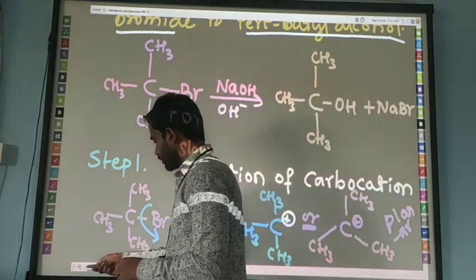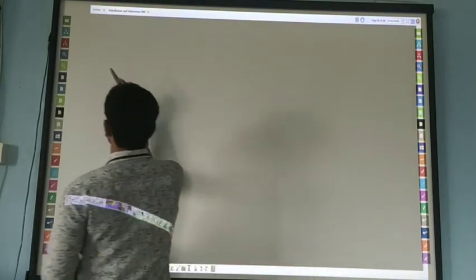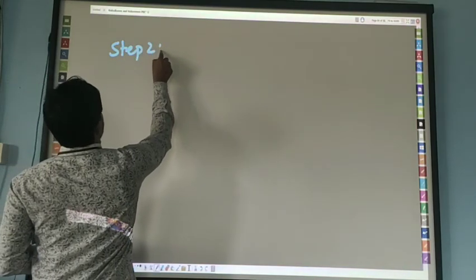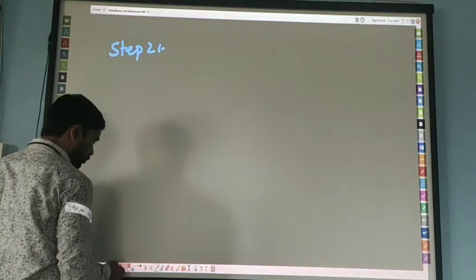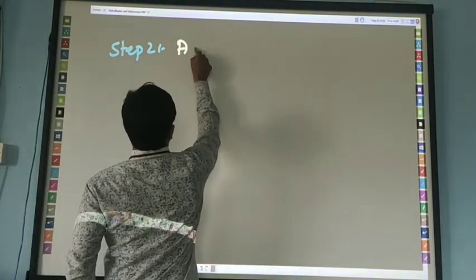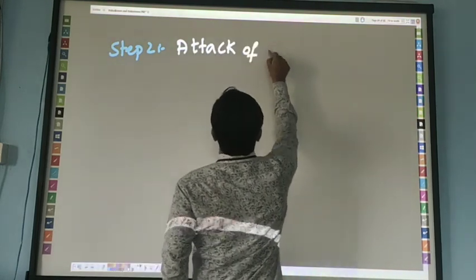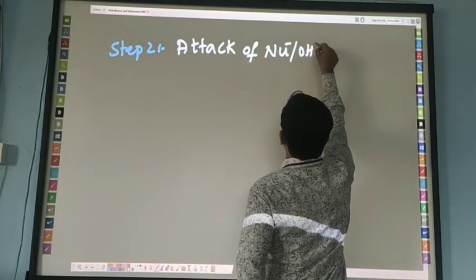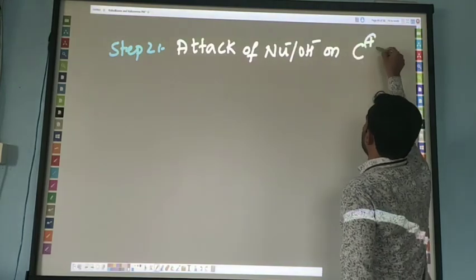After the first one, we are going to see step number 2. What's going to happen in step number 2? In step number 2, there is the attack of the nucleophile, that is OH minus, on the carbocation.